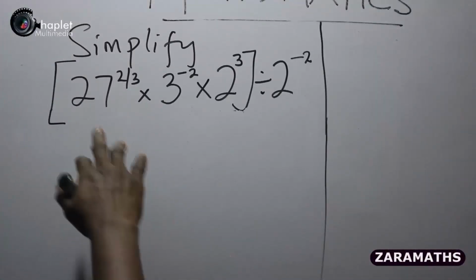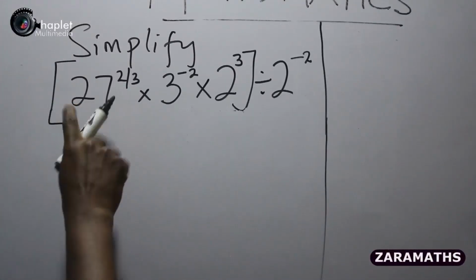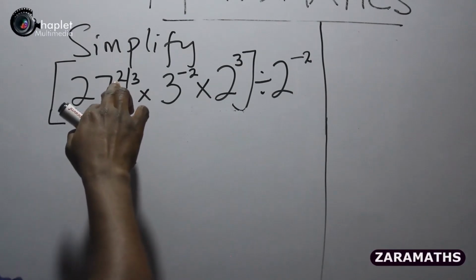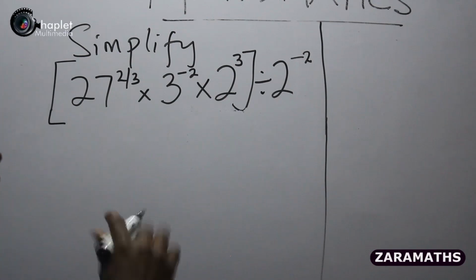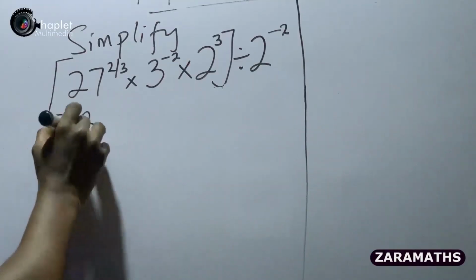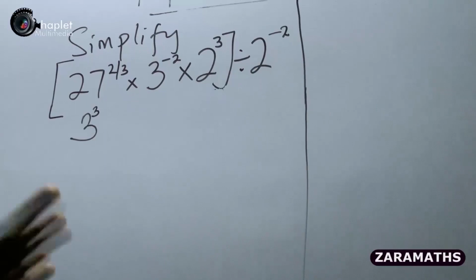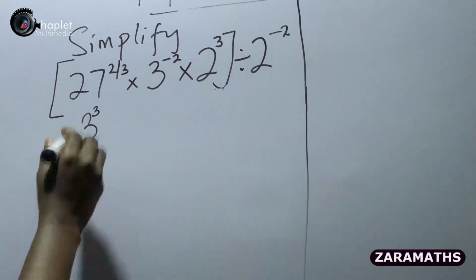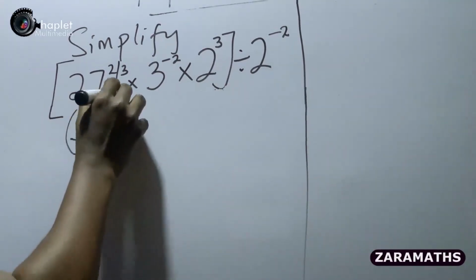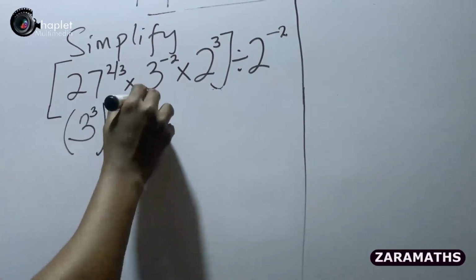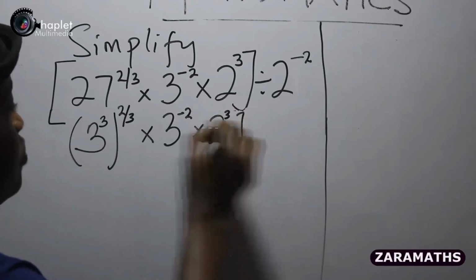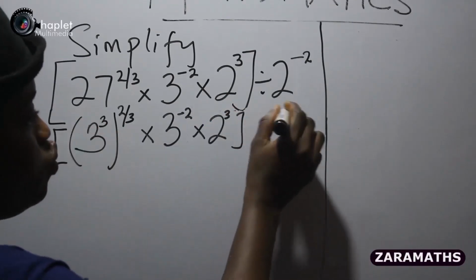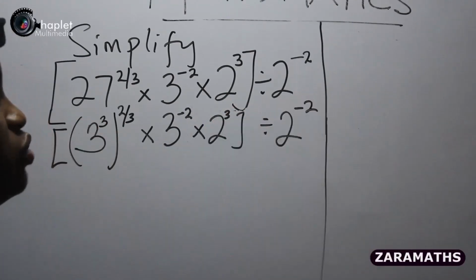Alternatively, we can solve this 27 raised to the power of 2 over 3 using brackets with index. In this case, 27 is the same thing as 3 raised to the power of 3. That is 3 in 3 places will give you 27. Raised to the power of 2 over 3, times 3 raised to the power of minus 2, times 2 raised to the power of 3, all in brackets, divided by 2 raised to the power of minus 2.